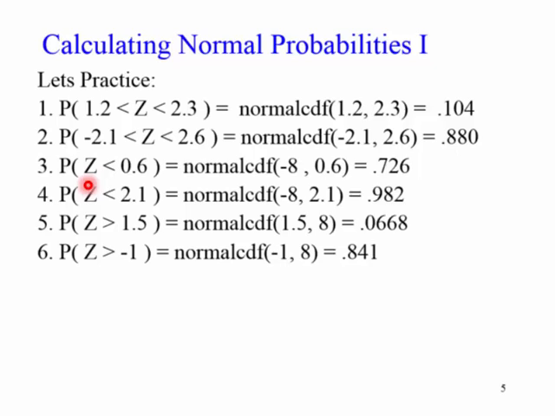Say we wanted to find the probability that z was less than 0.6. Then basically we want to go from -infinity up to 0.6. And if it's normally distributed, by the empirical rule, we know that 99.7% of the data lies within 3 standard deviations.